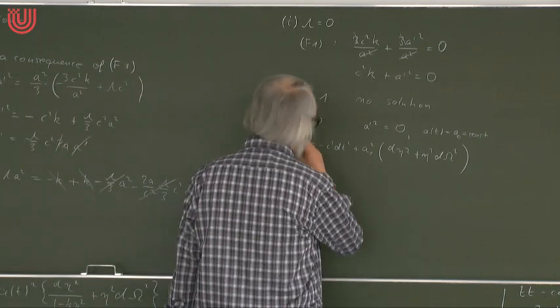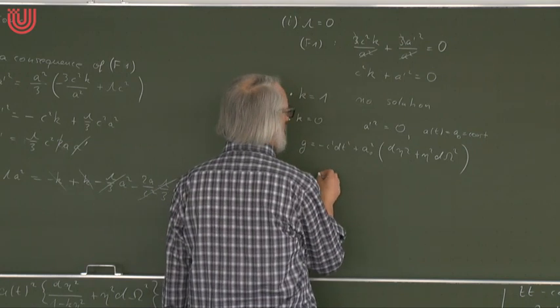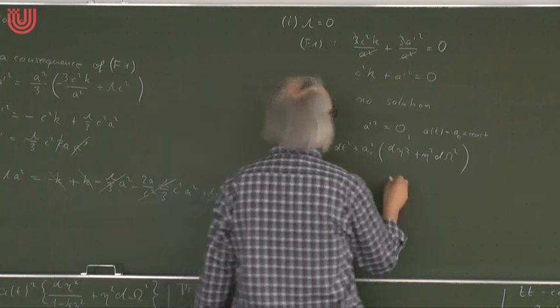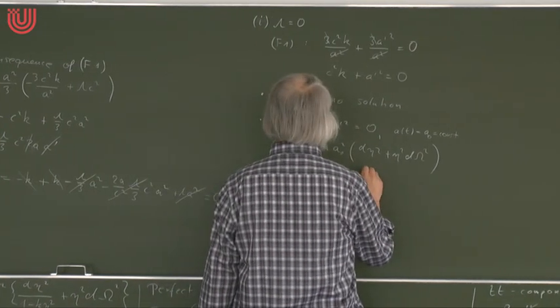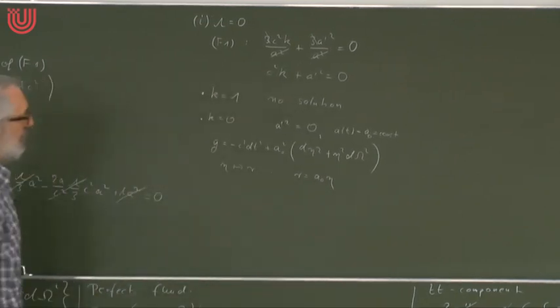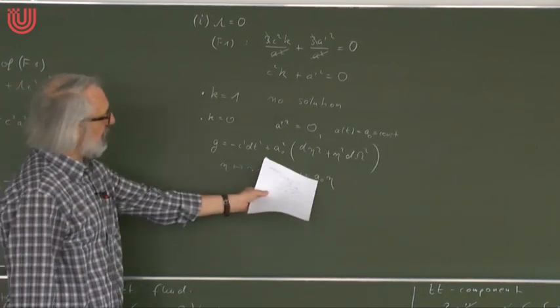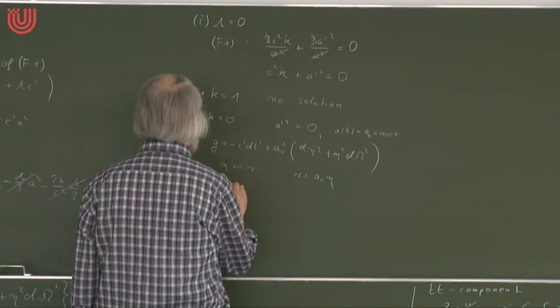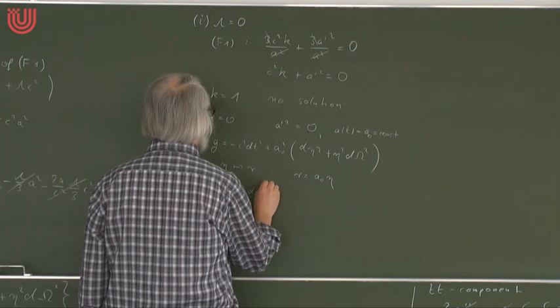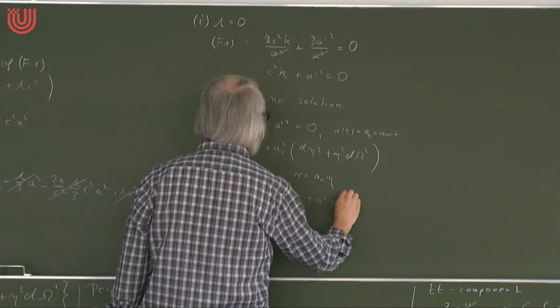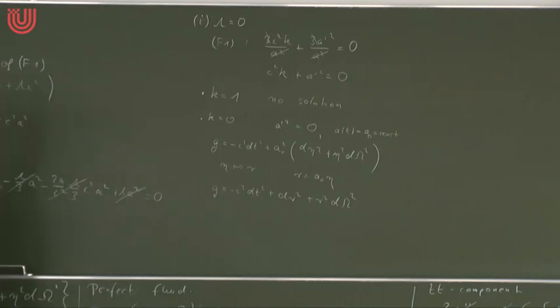Well, maybe it's helpful to make a coordinate transformation if we transform from eta to r by setting r equal to a naught times eta. This is a length. This is dimensionless, so r is now a length. And then the metric is minus c squared dt squared plus dr squared plus r squared d omega squared.